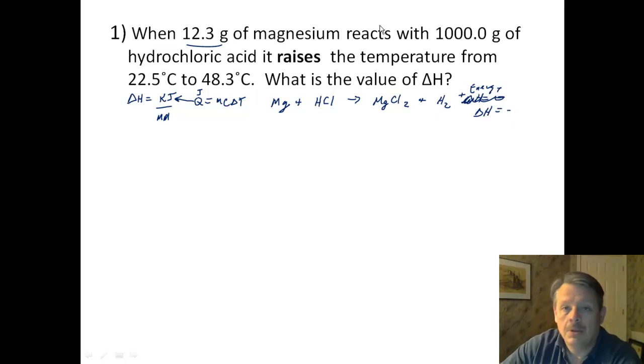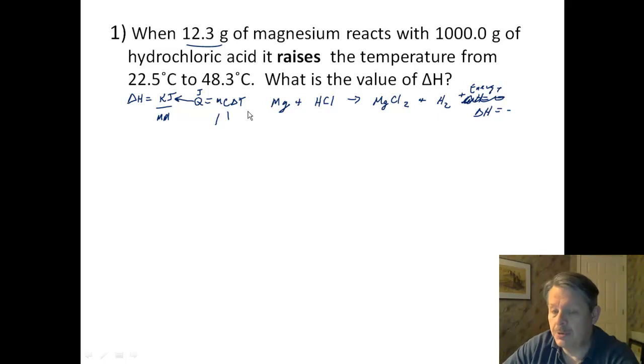Right? So we're putting in magnesium reacting with hydrochloric acid, and it's raising the temperature of the hydrochloric acid. So hydrochloric acid is essentially mainly water. So we're going to use the 4.18 as our C, and we have 1,000 grams of water, so we can use that.